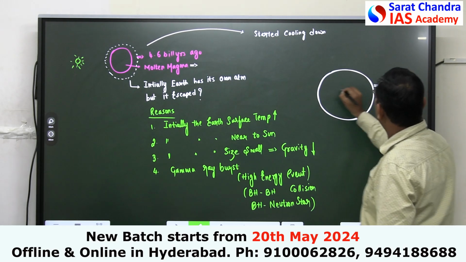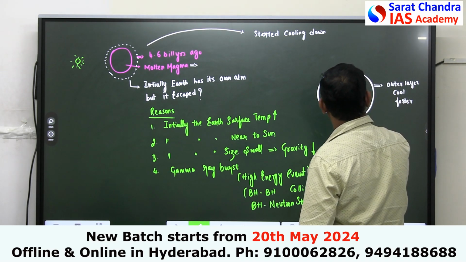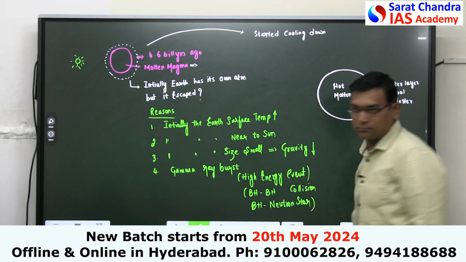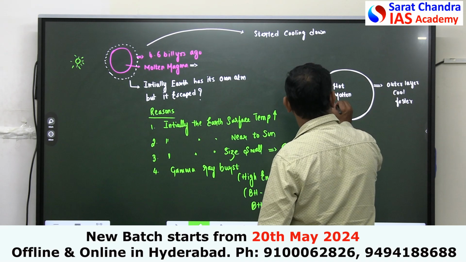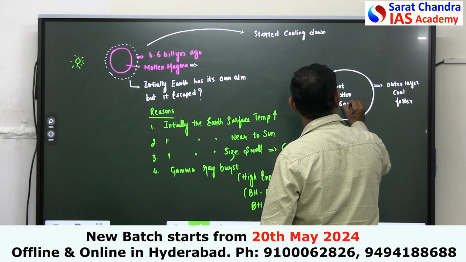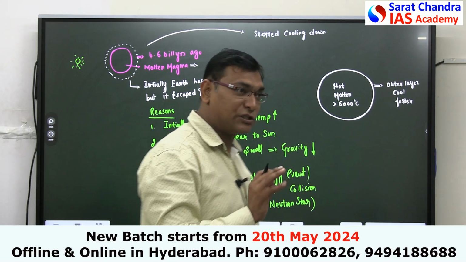But inside it is still hot, molten. So temperatures are very high inside, more than or equal to 6000 degrees Celsius. Yes or no? 6000 degrees Celsius.